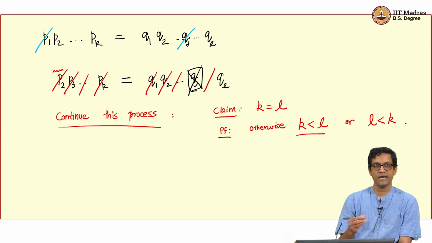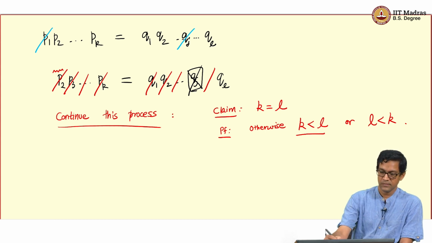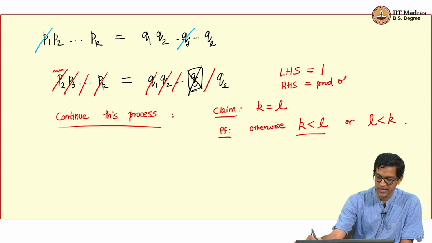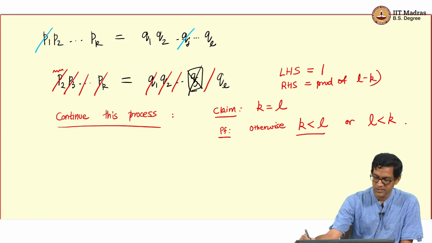I would have cancelled k terms from the left, but there would still be some terms left over on the right hand side, right. So, on the LHS, the left hand side, everything is cancelled and it became a 1. The right hand side would still have a product of l minus k prime numbers.